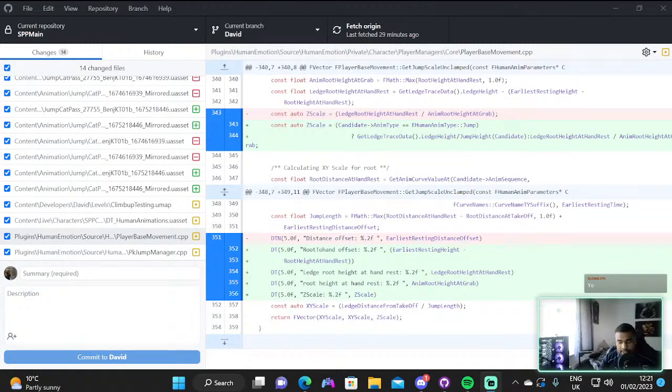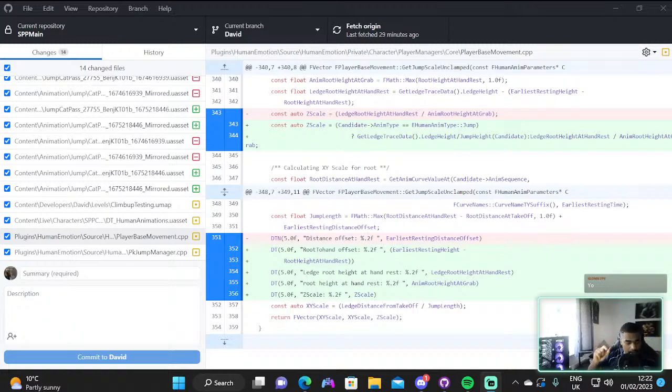So if you do it for the entirety of the motion, it goes super high up, because once our hands actually reach the wall, we know we're at the height that we want to be. We want the Z scale to then just be one, right? Because you're now at the height, so do the exact motion of your animation.